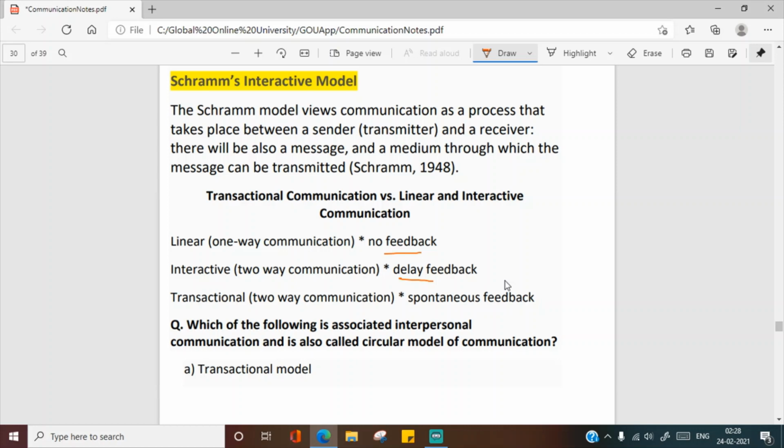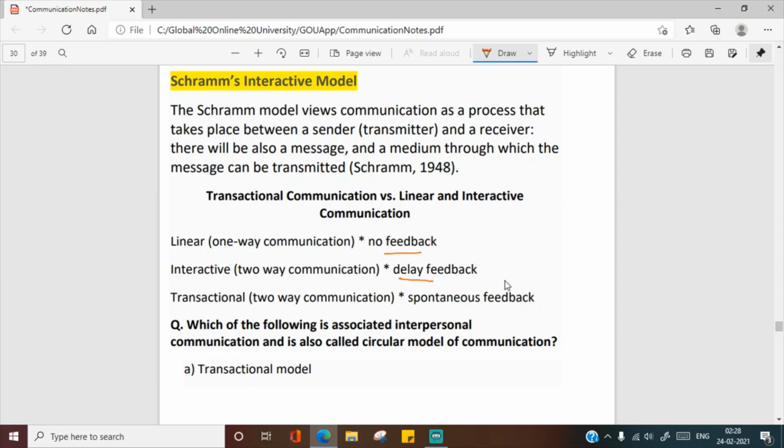I look at the comment after 3 hours and then I reply. So the response is delayed. There is a difference of, it could be hours, minutes, or days. But in the transactional model, there is spontaneous feedback. Like the example is face-to-face communication or any classroom communication.